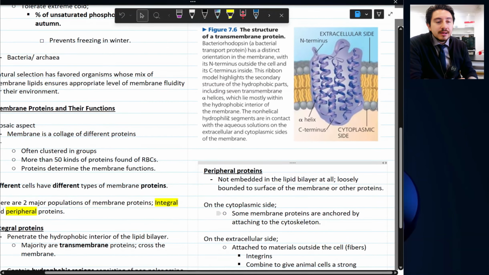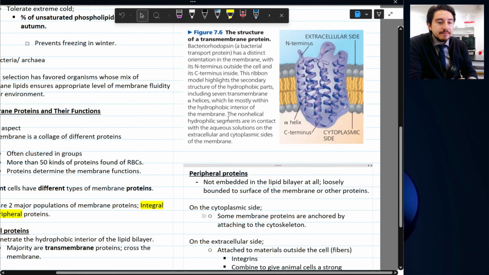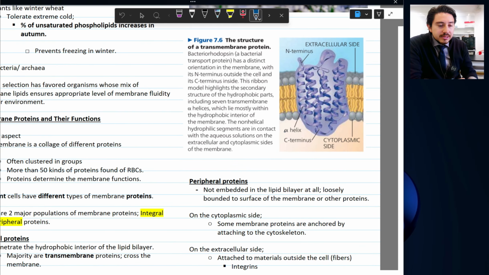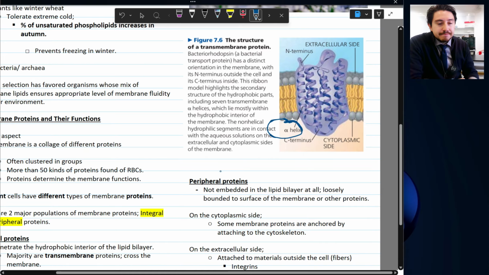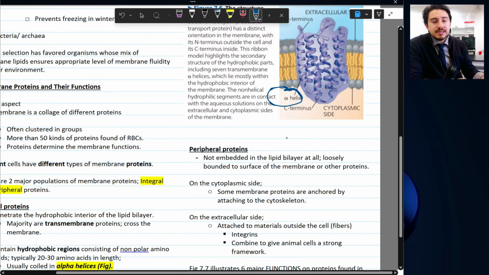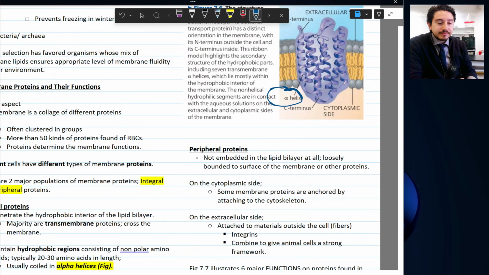proteins that don't go through the membrane. They just stay at one side, so you really can't see it here, but let's say you can have a little protein that is just embedded right there. Okay, rather loosely, they're embedded, held onto by the cytoskeleton or whatnot, but they usually face one side of the cell membrane.